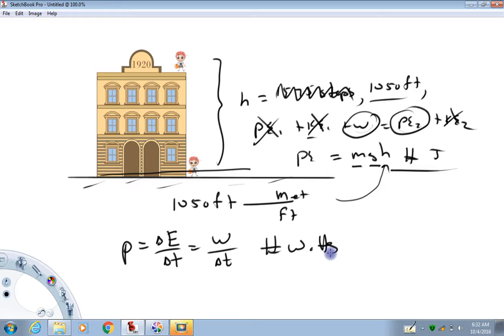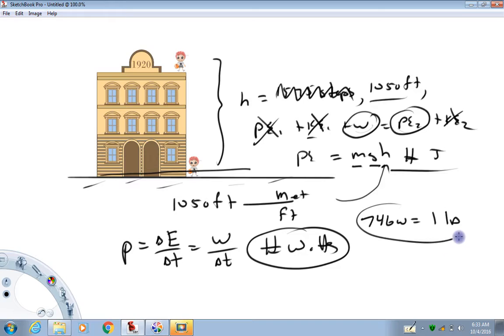Then you can answer the horsepower part because it says power and horsepower. That's a unit conversion. There's 746 watts in 1 horsepower. So again, take your number with units of watts, use this as a conversion factor to convert to horsepower. The other question says in foot-pounds per second. So a foot-pound per second is another unit of power.